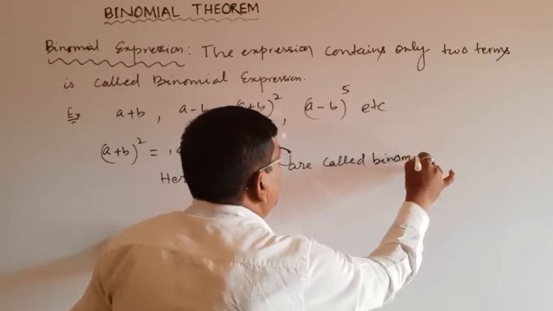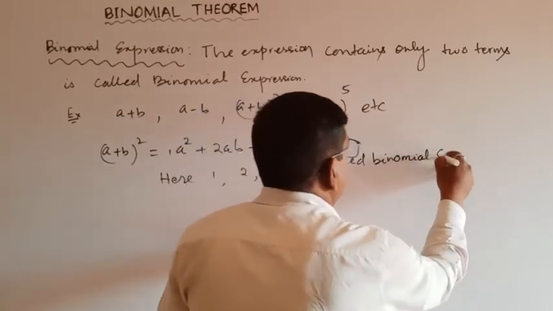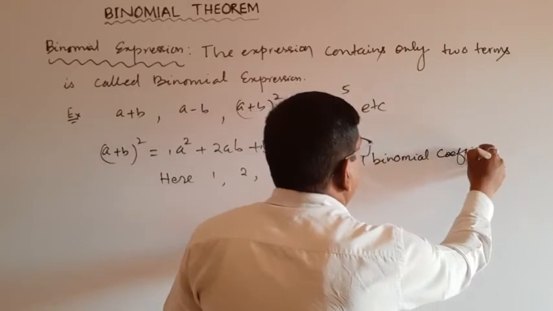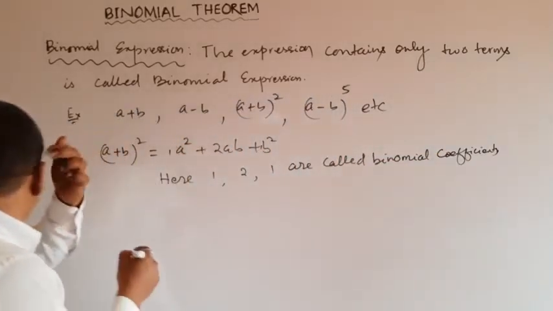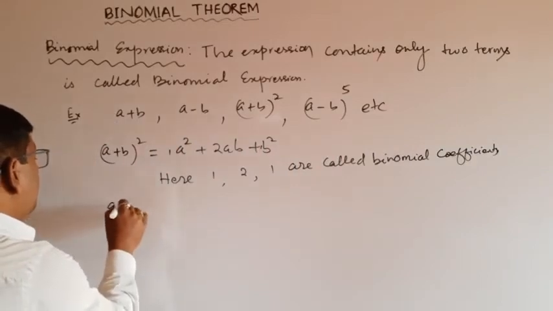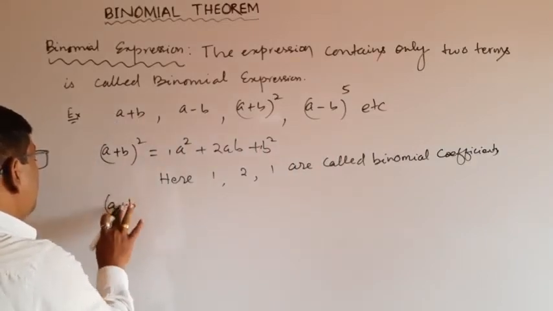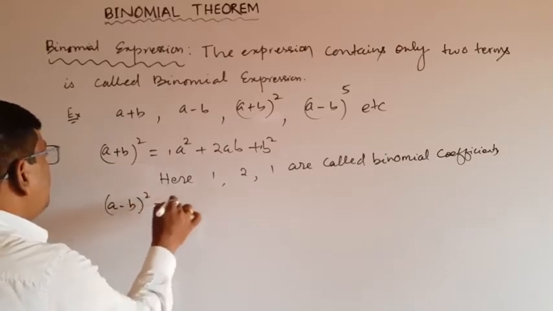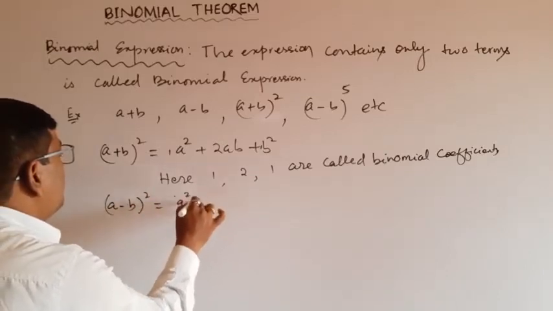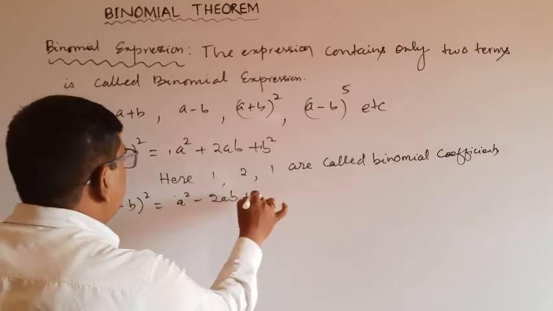Similarly, (a minus b) whole square is a square minus 2ab plus b square.